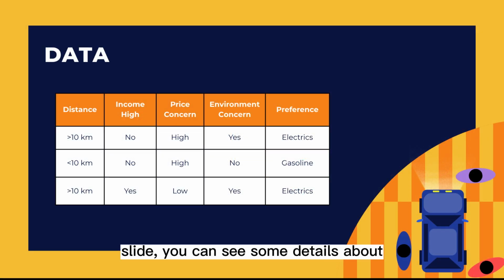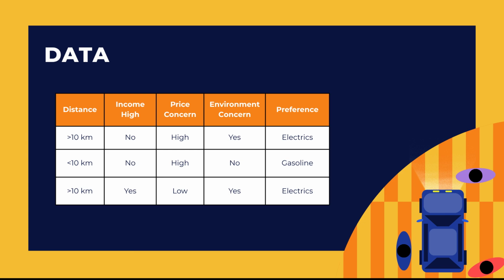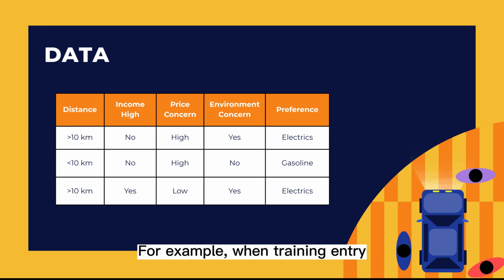On this slide, you can see some details about our data. In total, we have over 200 rows and 5 input features: commute distance, income level, fuel price concern, environmental concern, and car preference. For example, one training entry says more than 10 kilometers, no, high, yes, electric.